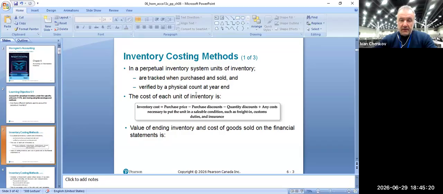The cost of each unit of inventory will be the purchase price, minus the quantity and purchase discounts, plus any cost necessary to prepare that item to be ready for sale, including freight, customs duties, and insurance. The value of the ending inventory and cost of goods sold, we're going to get from the financial statements.